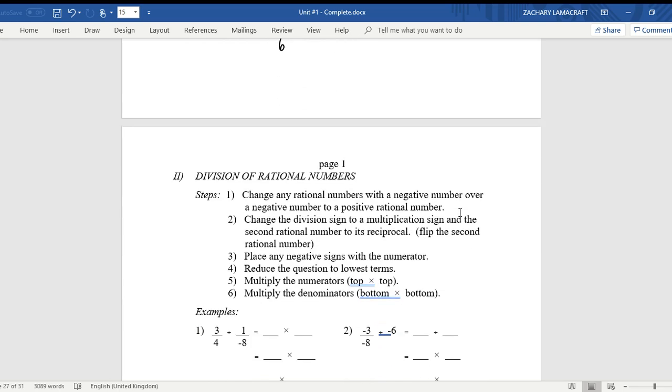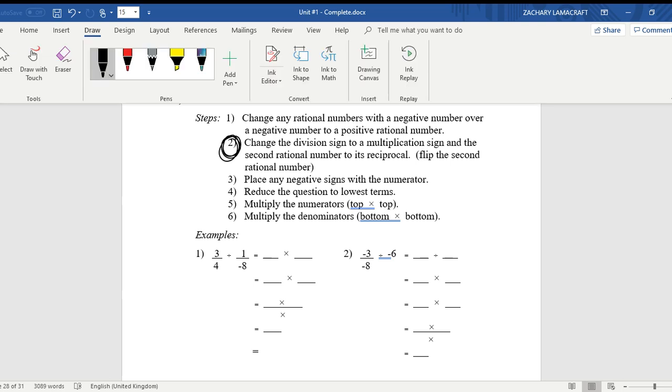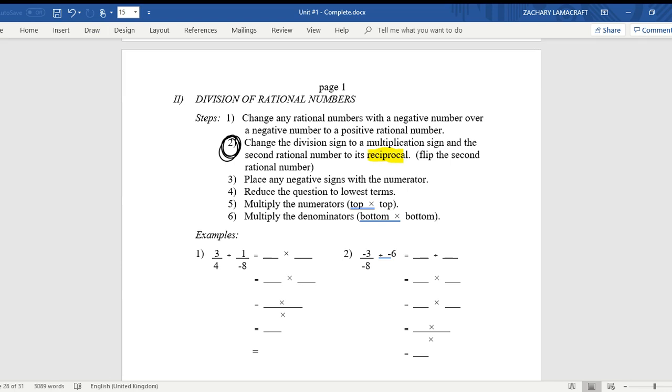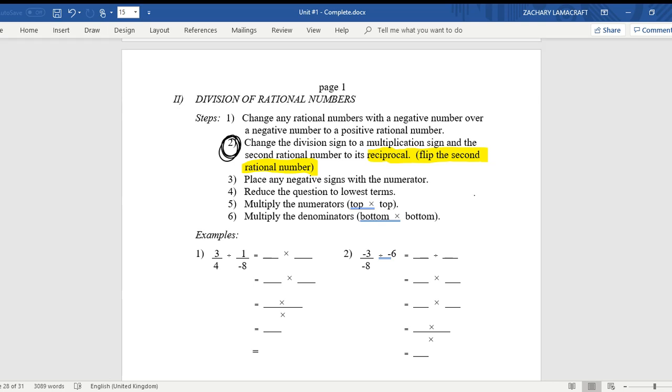Okay, now we're getting into division. So the only difference you're going to see right here is in number 2. Okay, and number 2 is where things change. We do something called using a reciprocal. So instead of dividing, we actually are going to change the division sign to a multiplication sign and the second rational number to its reciprocal, meaning that we flip the second rational number.